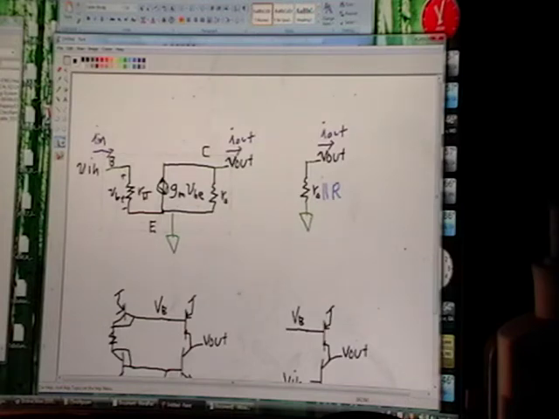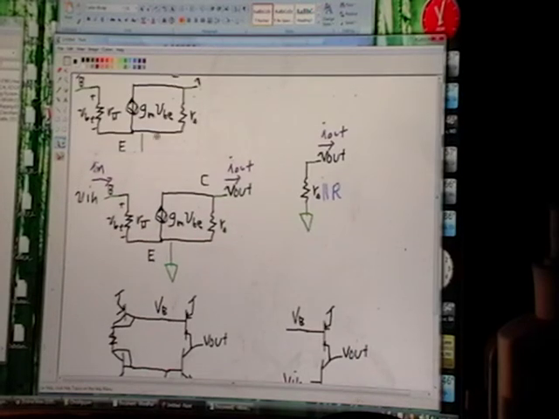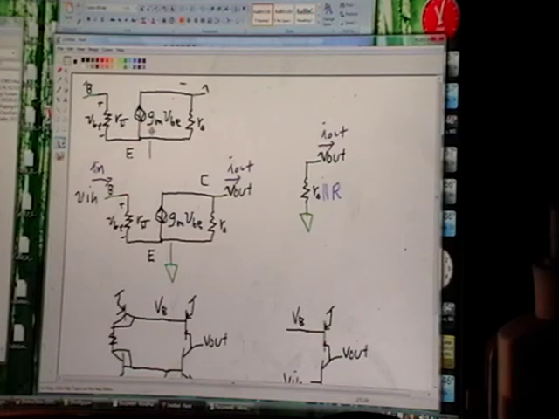But okay, so this is your NPN. To get the PNP, let's move this down just a little bit. So there's your NPN. What you do is you flip.